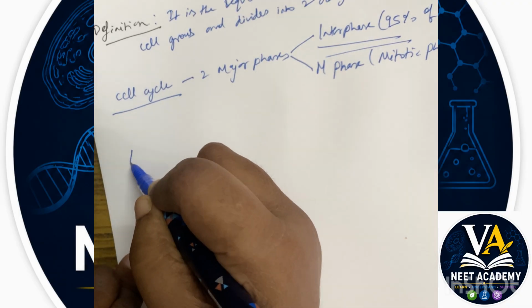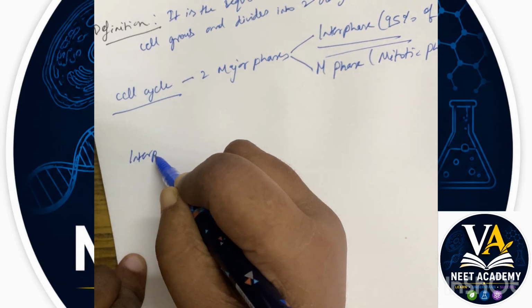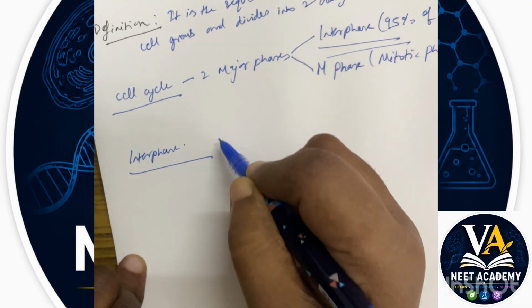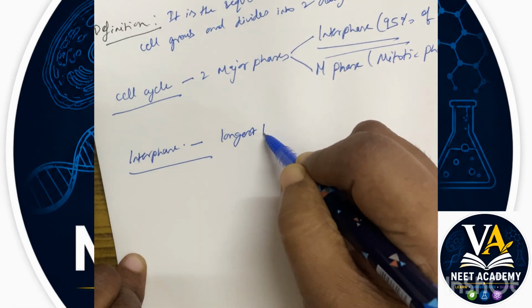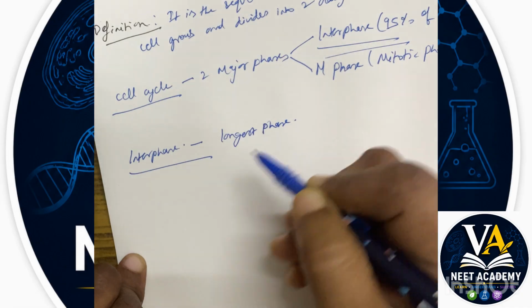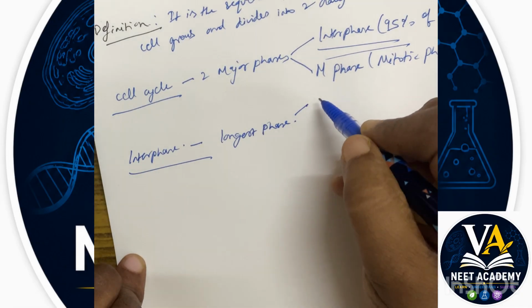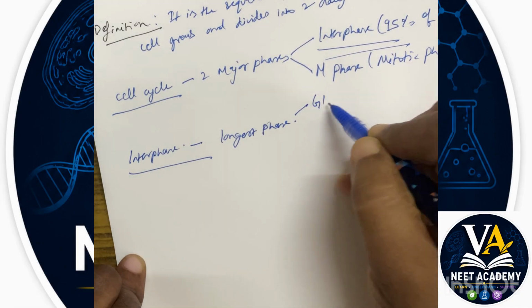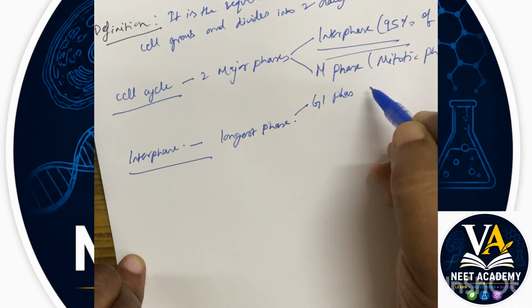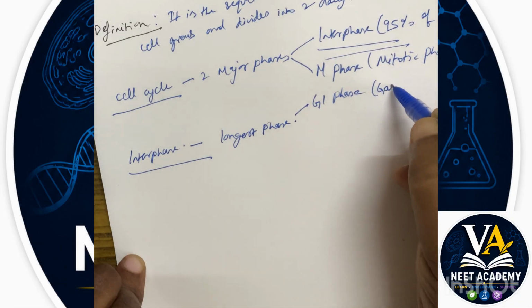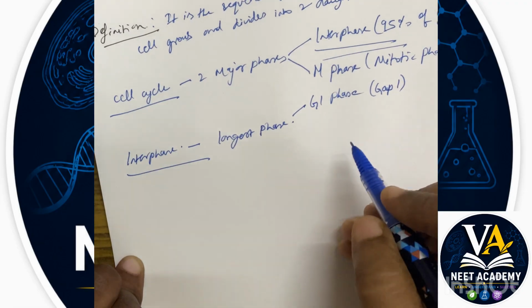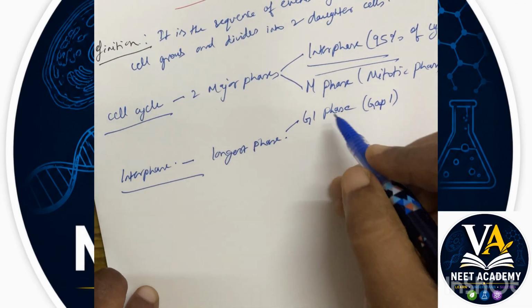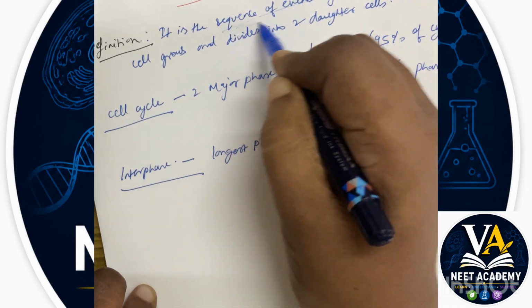Interphase is the longest phase, as we have just seen. It has in turn the G1 phase, also called gap 1 phase. What happens in this phase? It is actually a sequence of events.